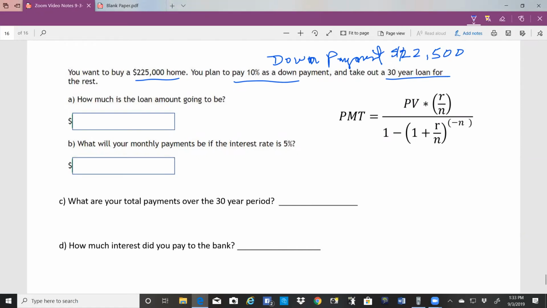So the loan amount, PV, is going to be $225,000 minus $22,500, which is $202,500. So this is the amount you're going to borrow and that you have to pay off in 30 years.